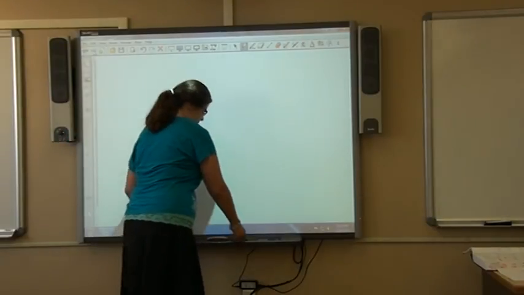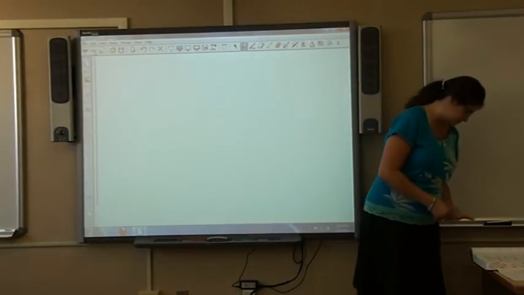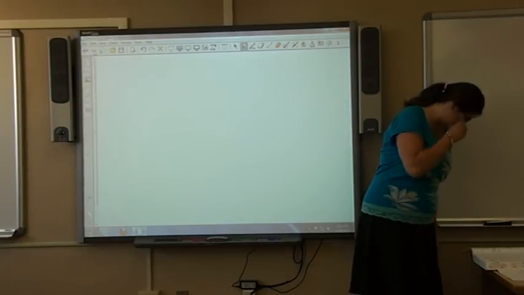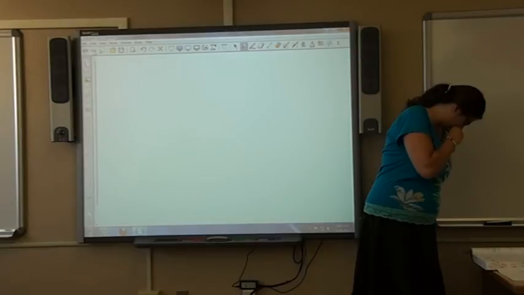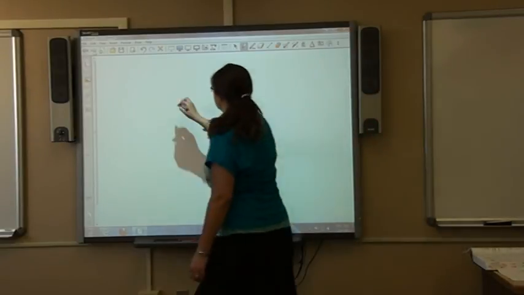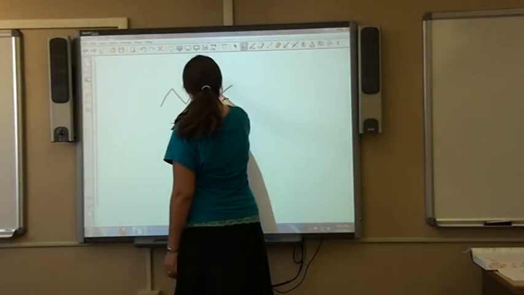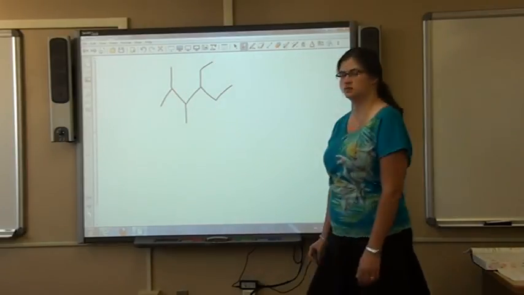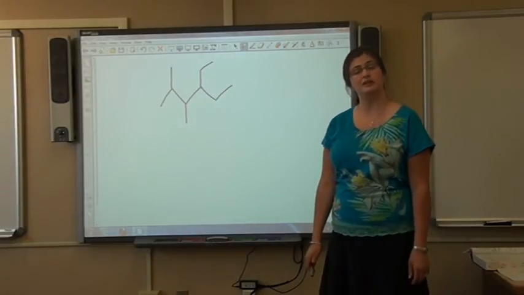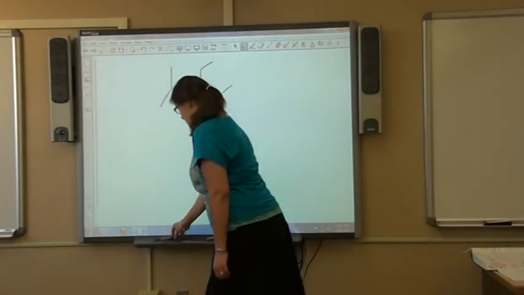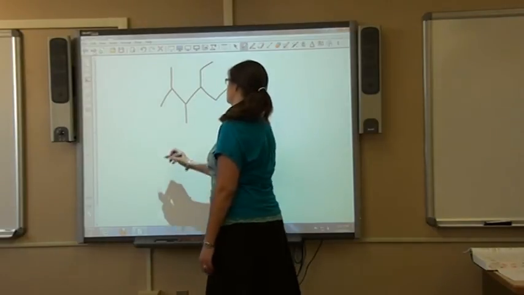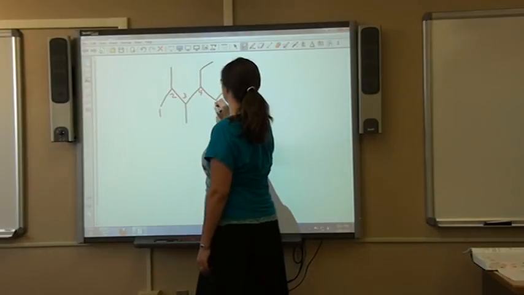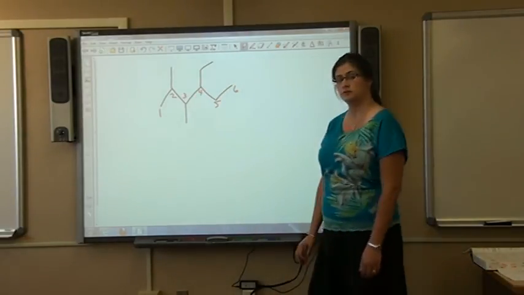Okay, let's do another example. This looks like a fun one. Okay, let's start out by numbering. And remember, we want to number at the end that's closest to our first substituent. Okay, so we have 6.